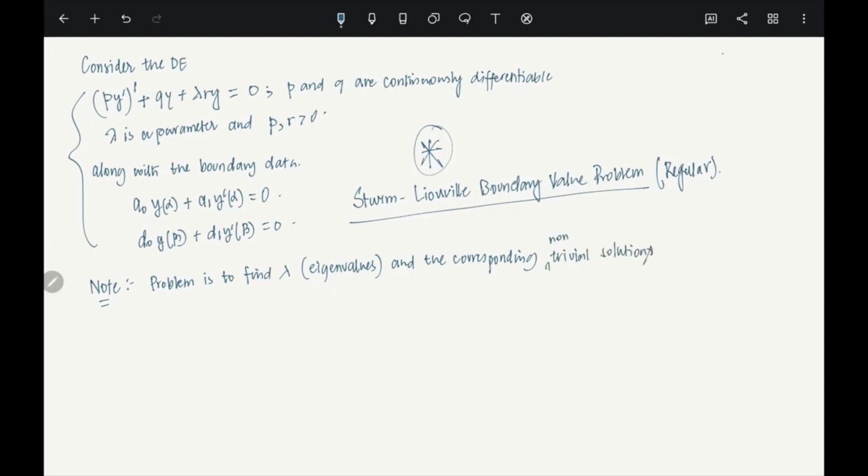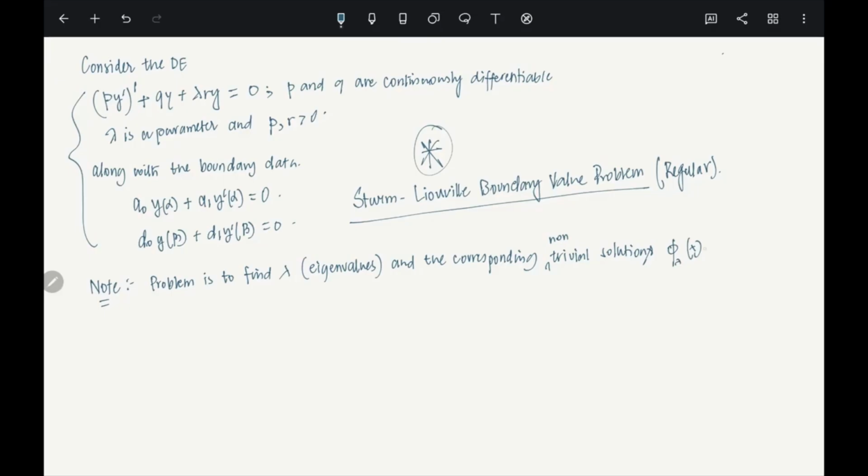This is the problem: the corresponding non-trivial solutions you have to find. We will call it phi lambda of x. Any solution of this for a given lambda will look like phi of x, lambda, which is again a function.